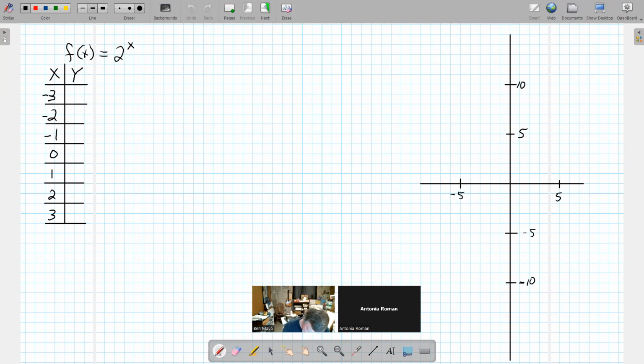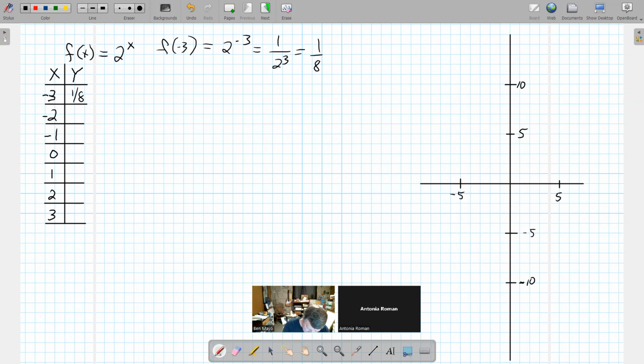So if x is -3, f of -3 would be 2 to the -3 power. Recall that when you have a base raised to a negative exponent, that's 1 over the base raised to a positive exponent. So 1 over 2 cubed is 1/8. You okay with that? Yes.